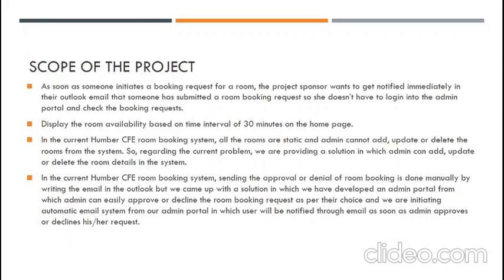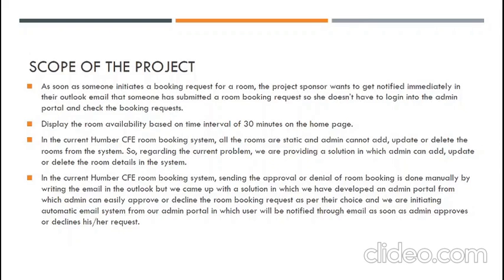Now I'm going to talk about the scope of our project. There were 4 scopes discussed by the project sponsor with our team members. The first scope was that the project sponsor wants to be immediately notified through her Outlook email that someone has submitted a room booking request, so she doesn't have to log in to the admin portal and check the booking requests. For that, we came up with a solution.